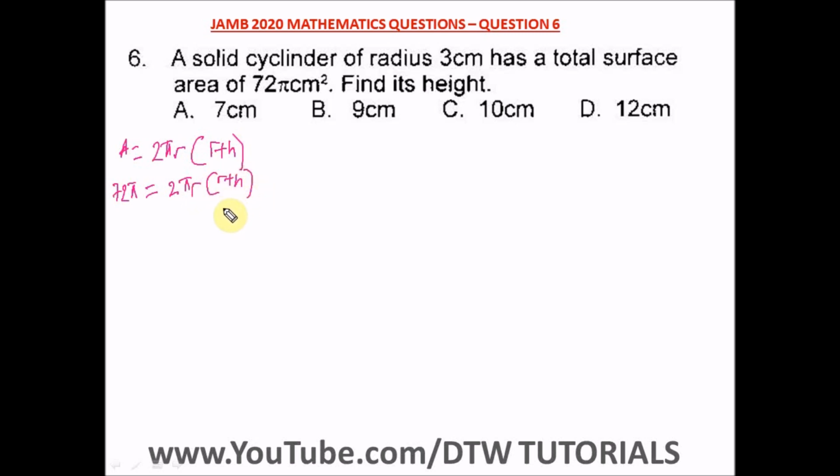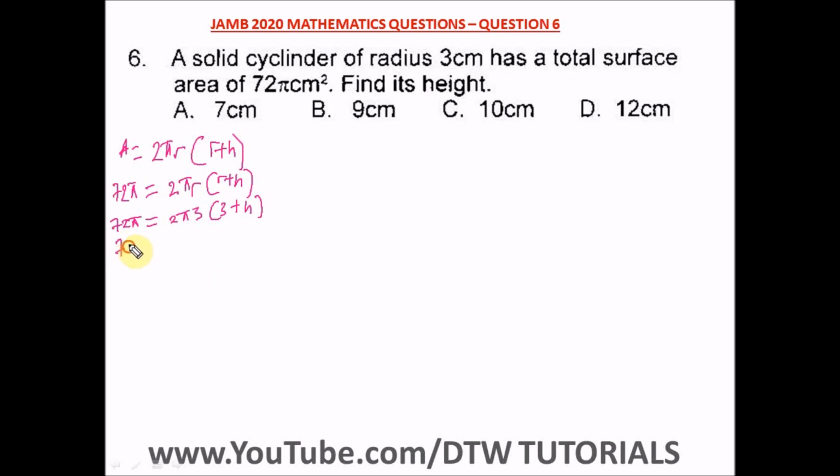So let us solve this. We bring down our 72 pi. So we have 2 pi. They give us a radius of what? 3 (3 plus what? h). So what do we do next?